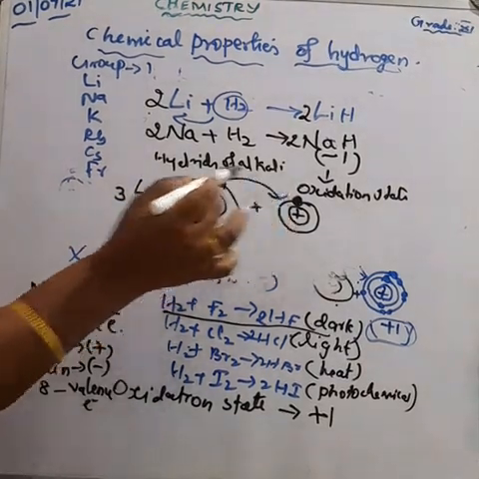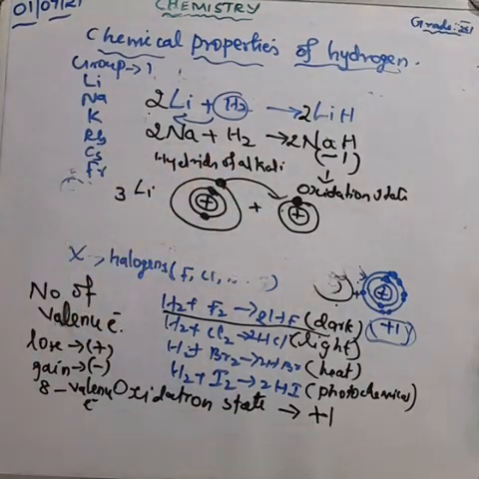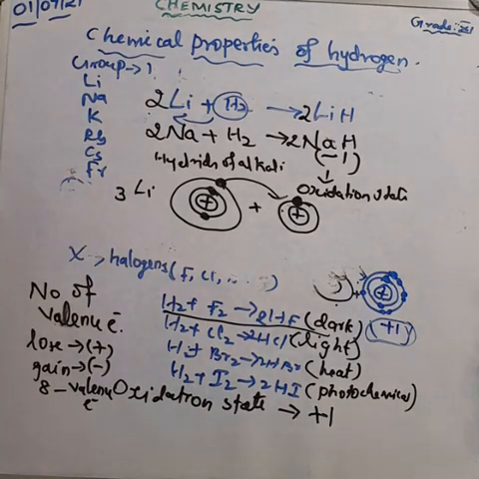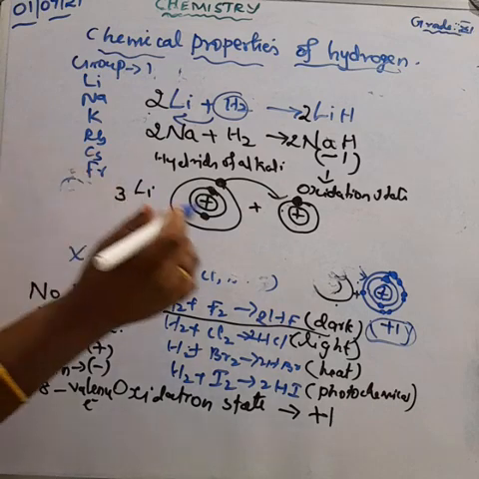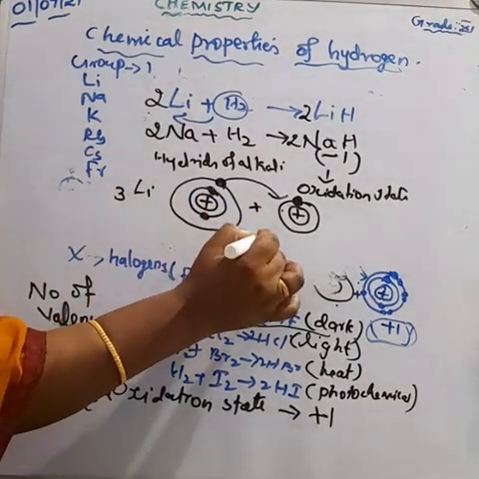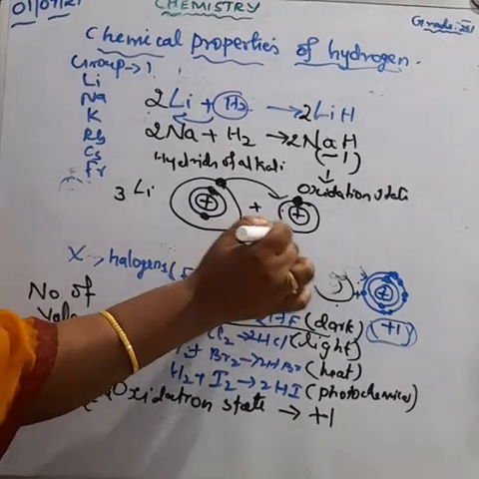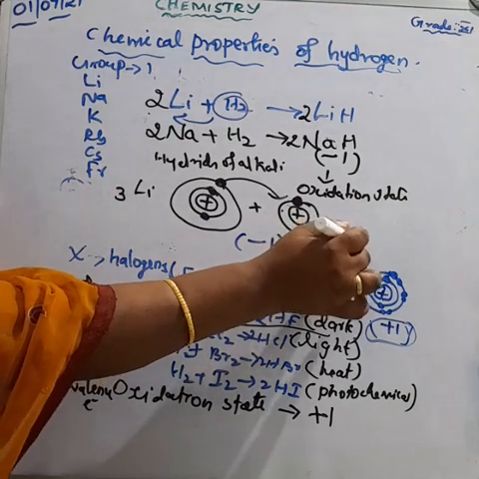The lithium atom lost 1 electron to the hydrogen atom and gets the stable helium configuration. Understood? So when the hydrogen atom gains 1 electron from the lithium atom, what is the oxidation state of hydrogen here? -1. Minus indicates the extra electron.